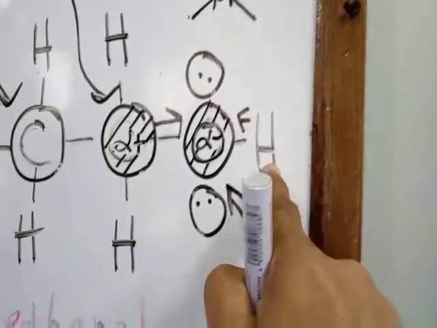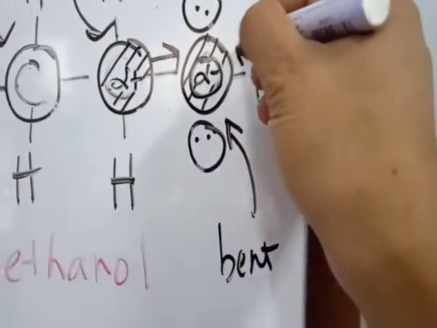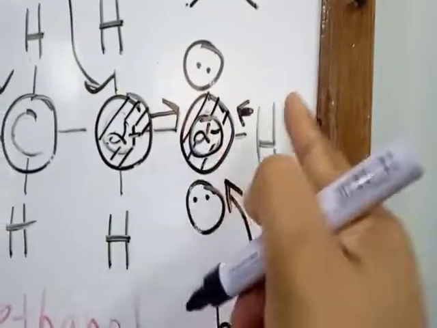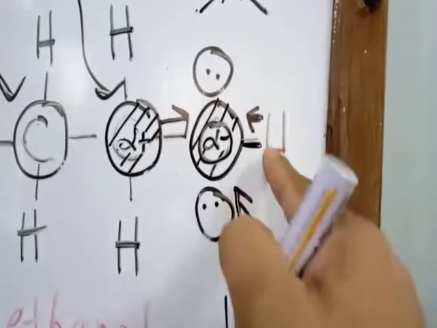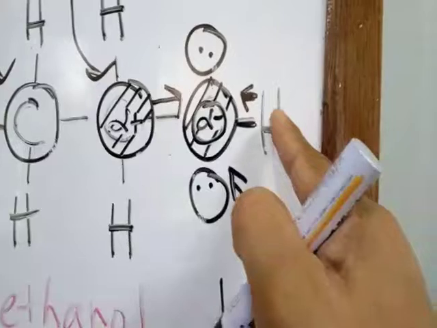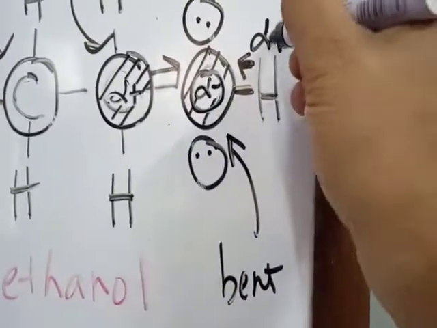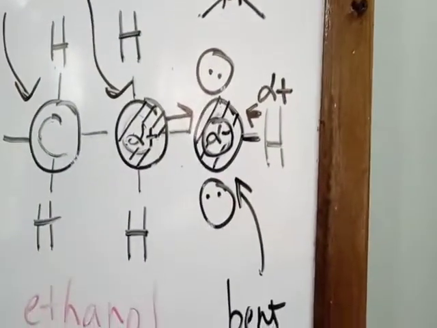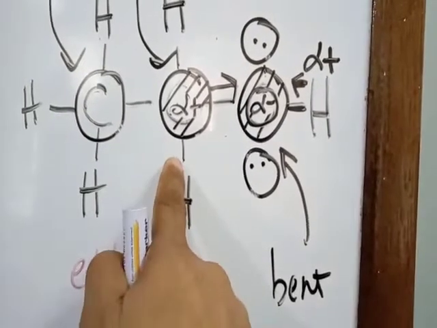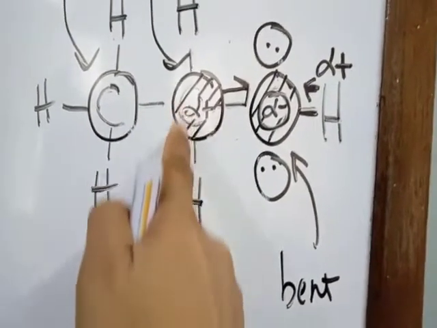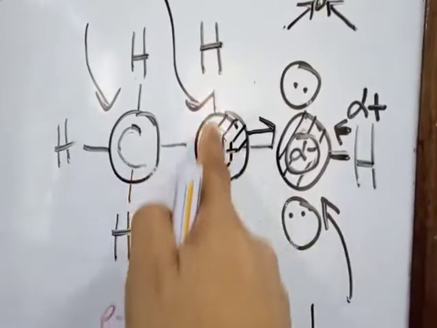And this one, hydrogen, look at this. There's an arrow going this way, so it means the electron cloud is leaving here. So this must be partial positive as well. Why is this not partial positive? Because there is no dipole moment going up. Same here, there is no dipole moment.